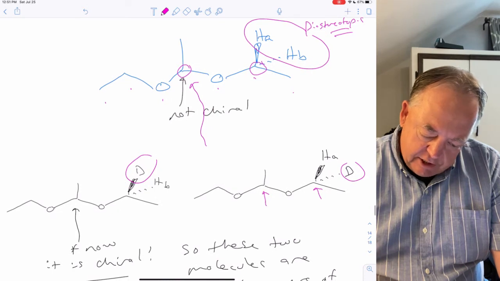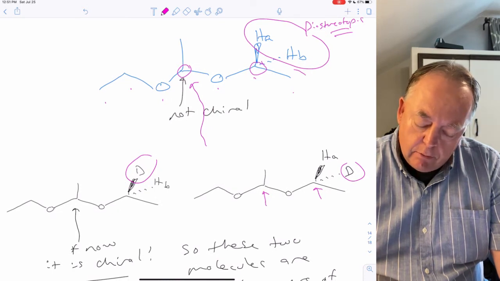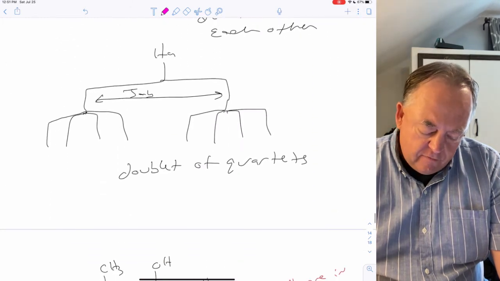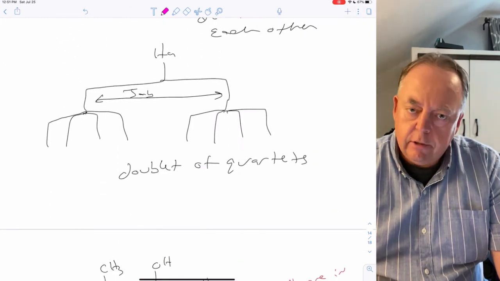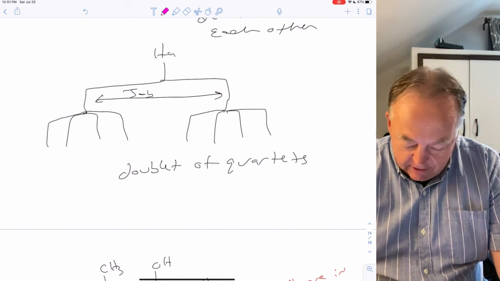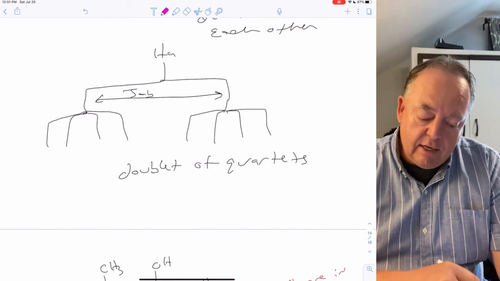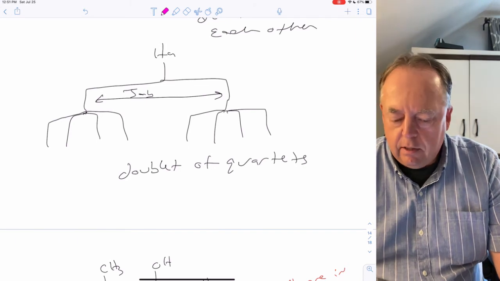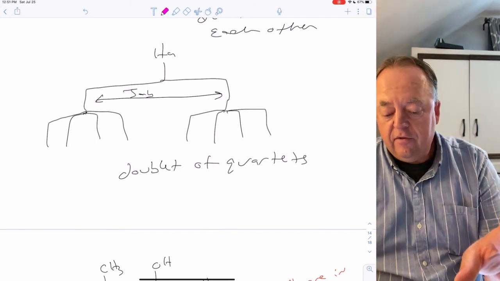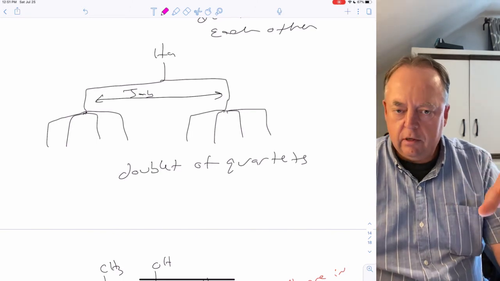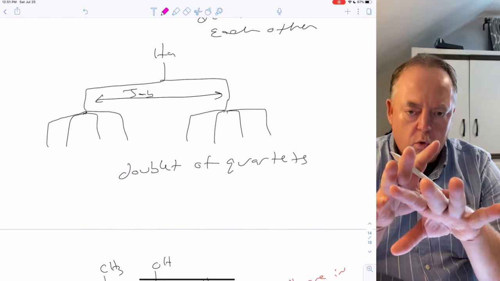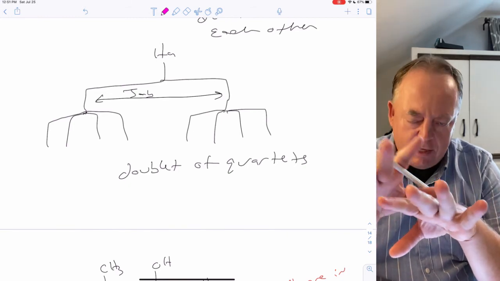So then HA could be split by HB into a doublet, and then with three neighbors, 4 peaks, each of those doublets could be split into quartets, so you could see a doublet of quartets for HA and HB. HA would be a doublet of quartets, and HB would be a doublet of quartets. And if they had different enough environments, then those two doublets of quartets would be separate. If their environments were similar, then those doublets of quartets could be overlapping each other, and you would have a mess.